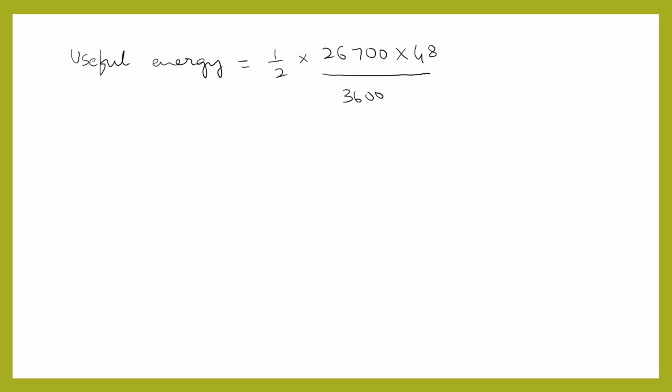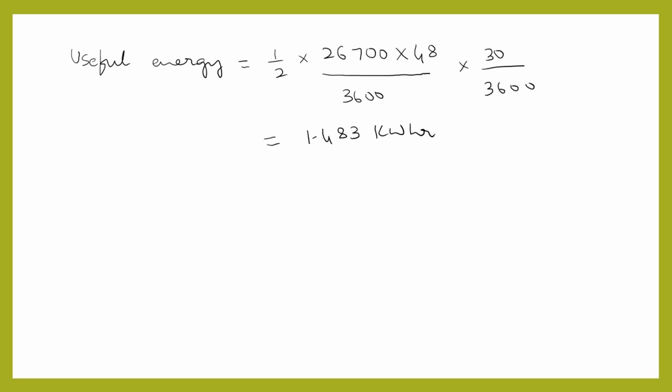So we get the useful energy equal to half into 26,700 into 48 divided by 3,600 into 30 by 3,600, which is around 1.483 kilowatt hour.